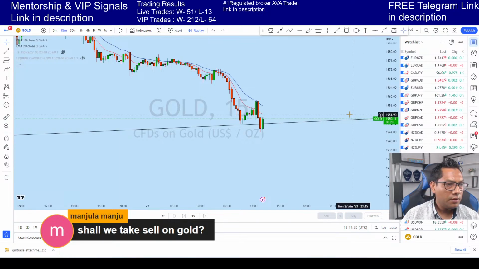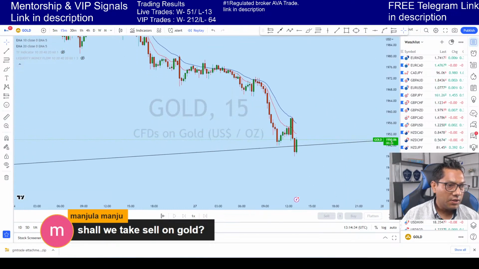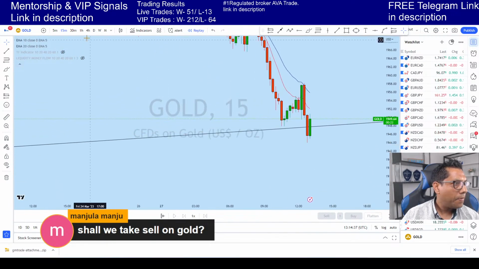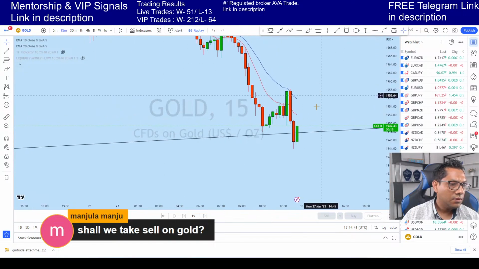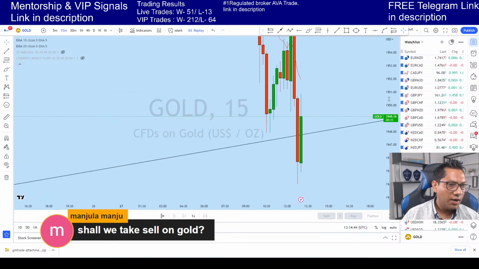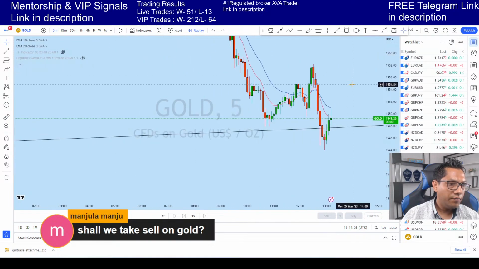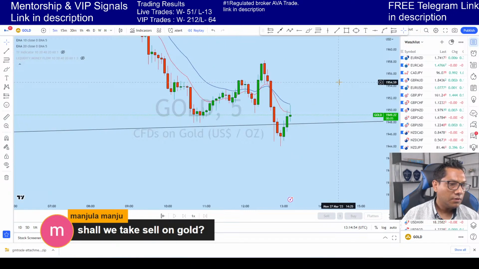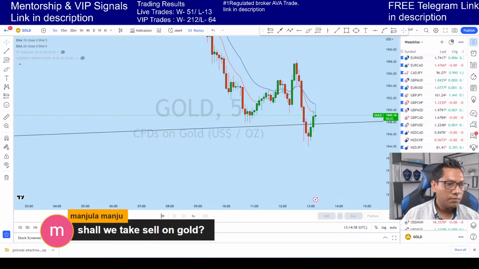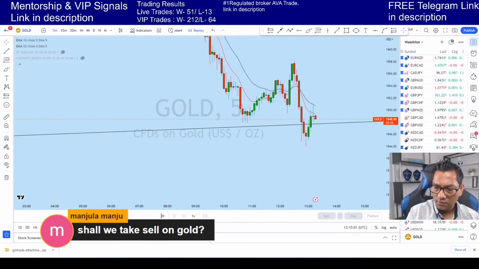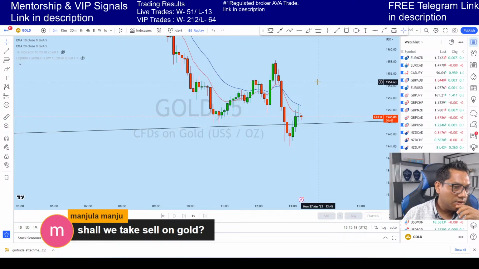Let me see. This 15 minutes candle just crossed the previous one's high, right? Look at the 5 minutes. There is a doji.